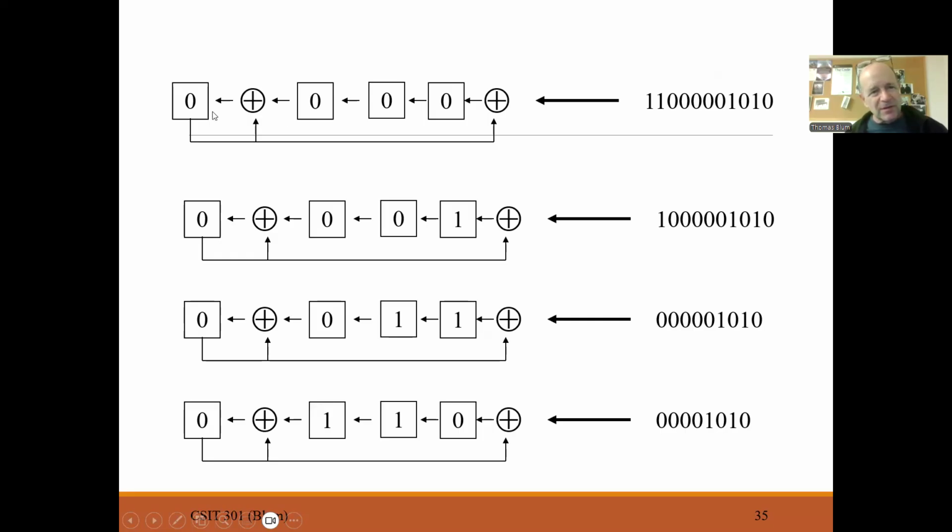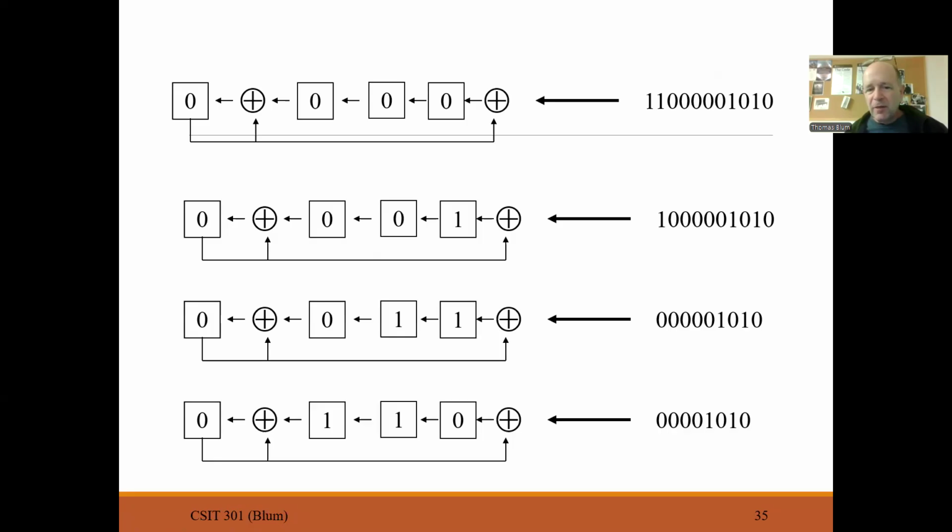So the leftmost zero and the next leftmost zero were excluded OR to give me that zero. And the leftmost zero and the leftmost one coming in from the data were excluded OR to give me this one, that one on the right of the shift register.